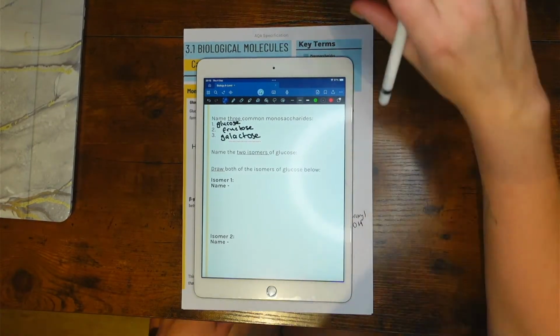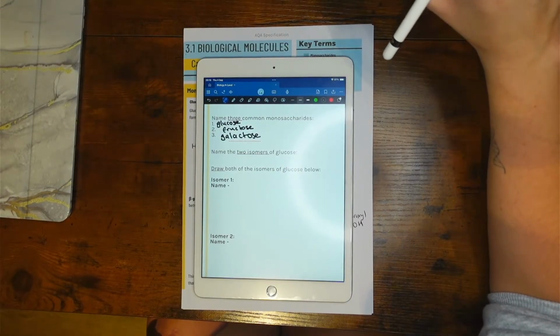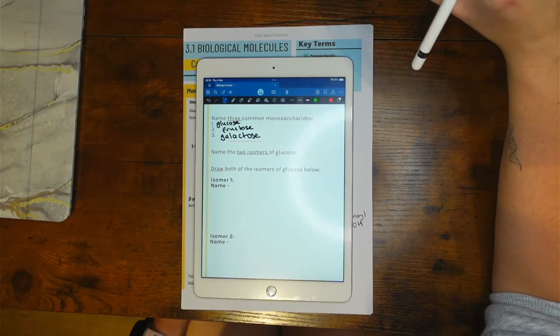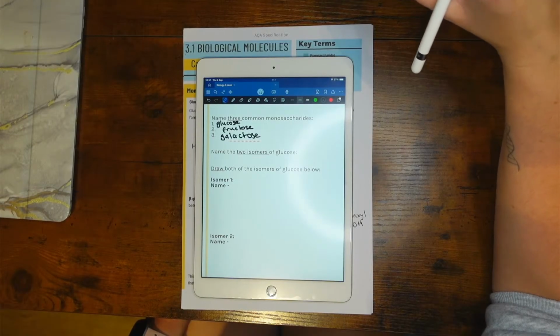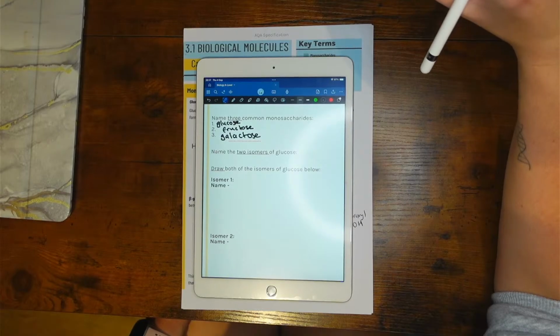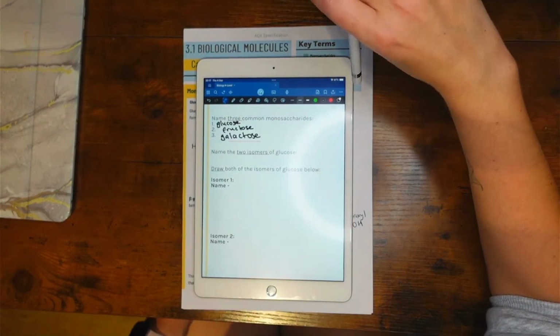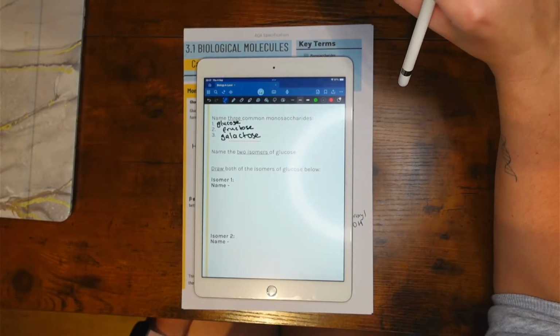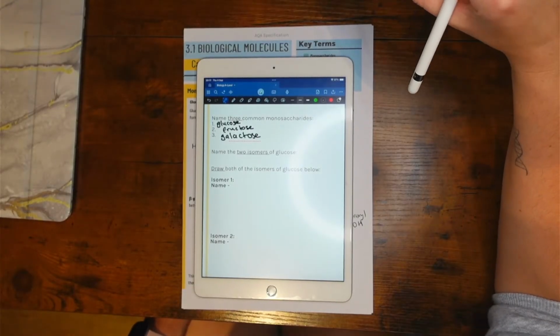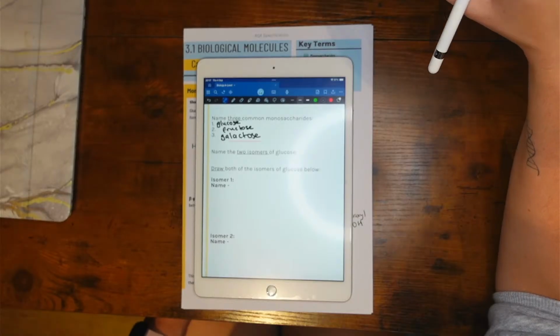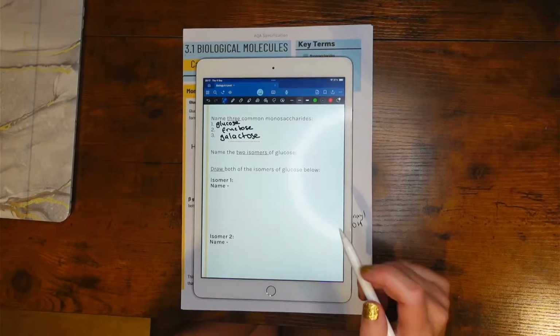Next then, let's see the next one. So our next one is name 2 isomers of glucose.